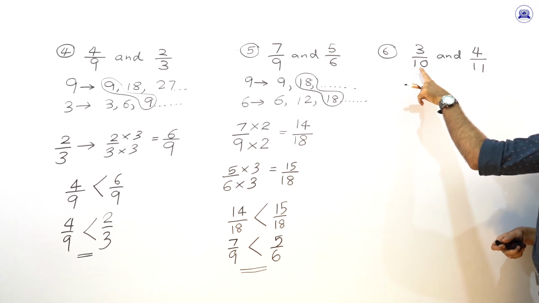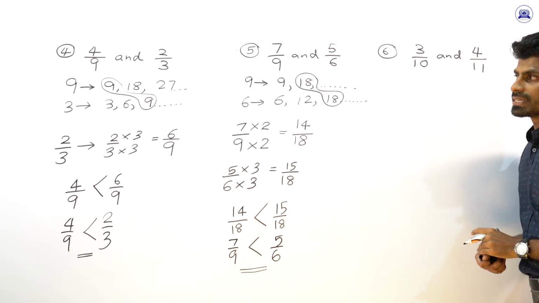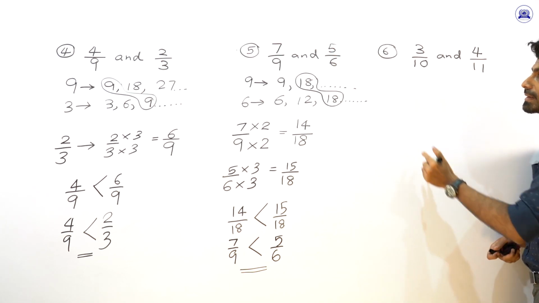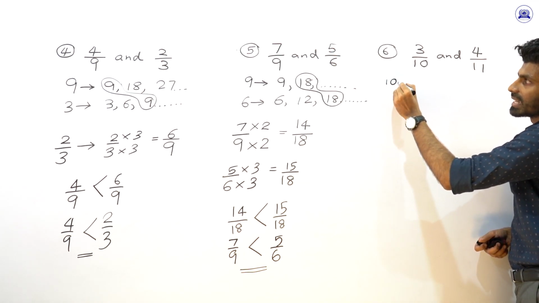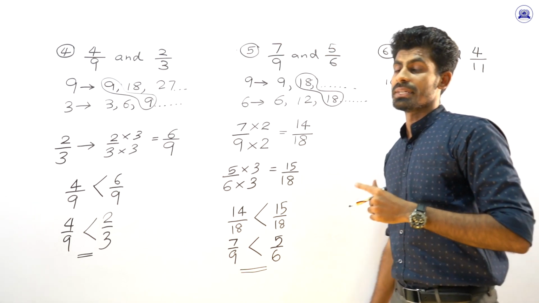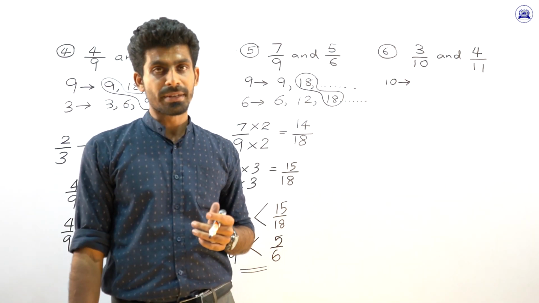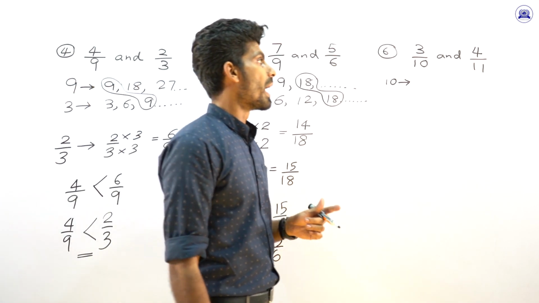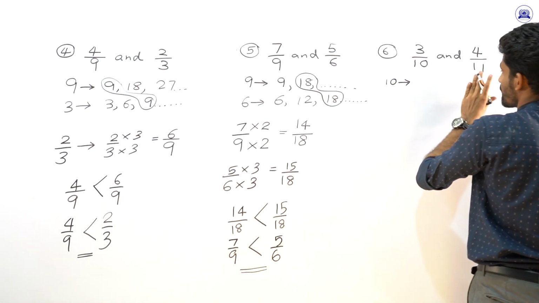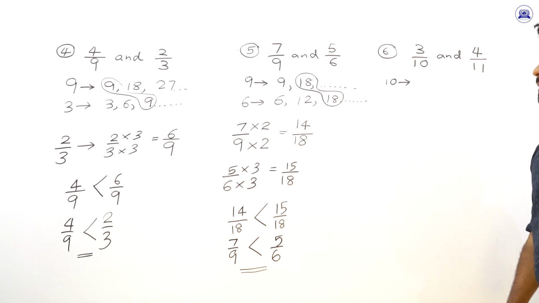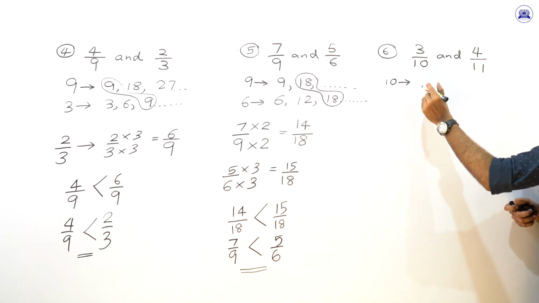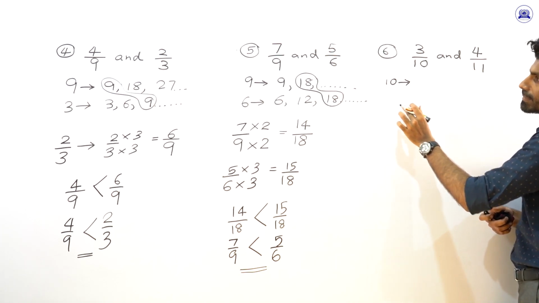So just take the values 10 and 11. You need to take the multiples of 10 and the multiples of 11, right? So how can you do that? 10 and 11.